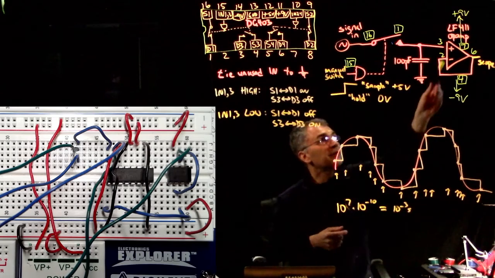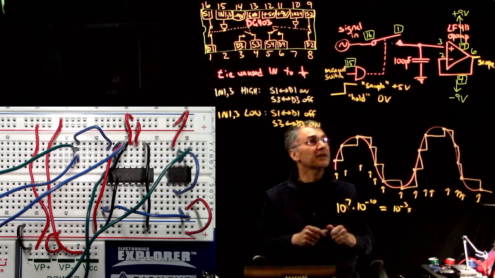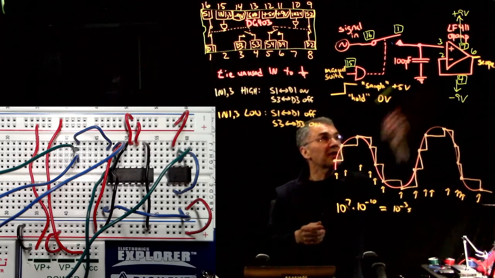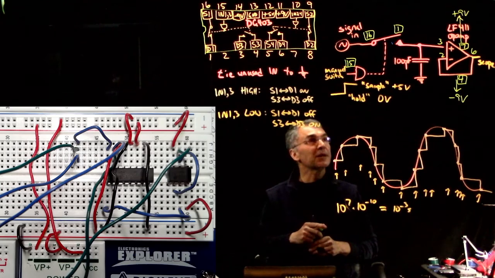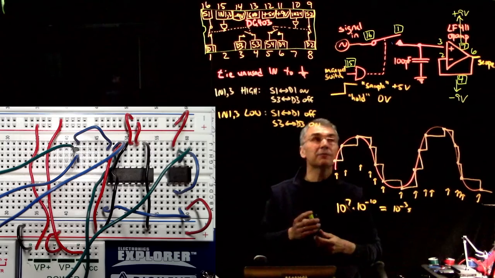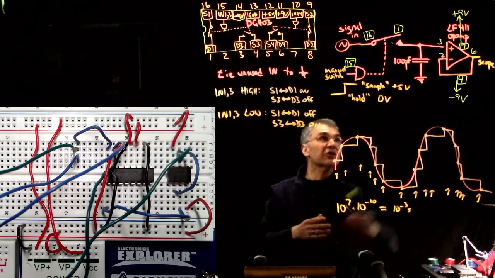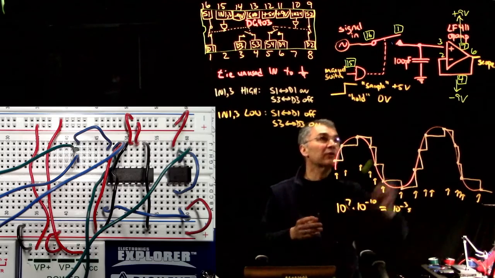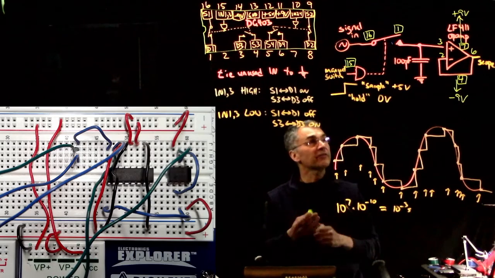So we have here a follower, and this is not just any follower. This is a follower made with a JFET input op amp. So this is an op amp, and its inputs are FET inputs. So the bias current of this op amp is teeny. This is not your 741.